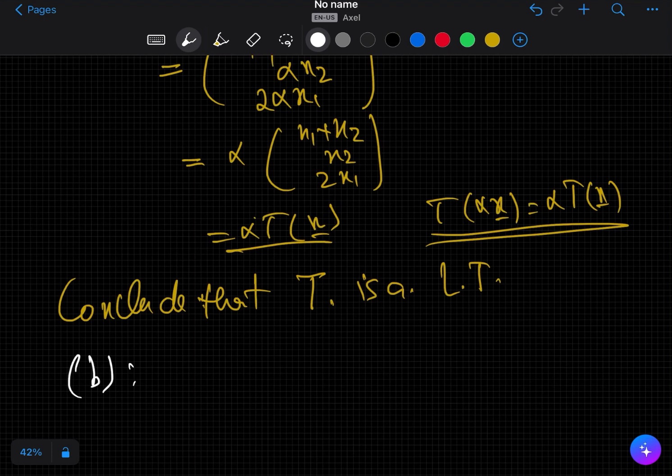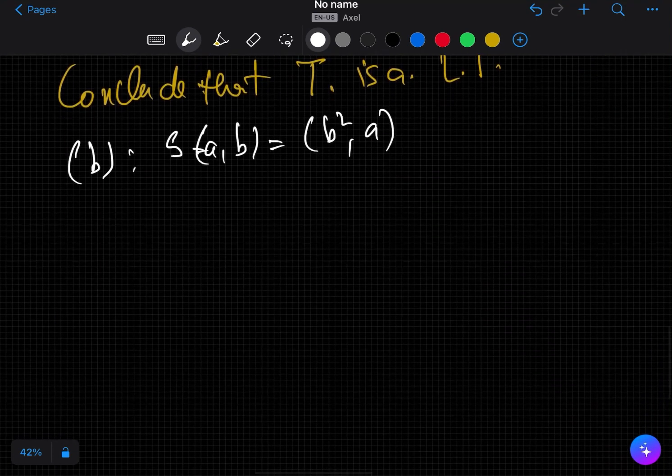Let's prove that S is not a linear transformation. S is defined as S(a,b) equals (b squared, a). Now, we need to show that one of the two conditions fails, and to do that, we can use a counterexample. The easiest way to give a counterexample here is to use an example from the scalar multiplication.